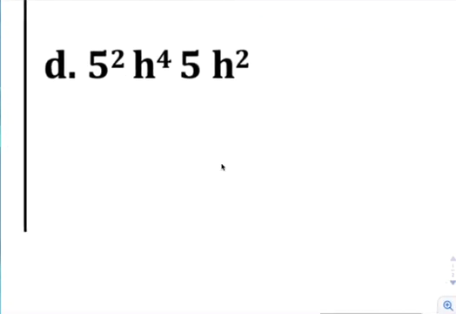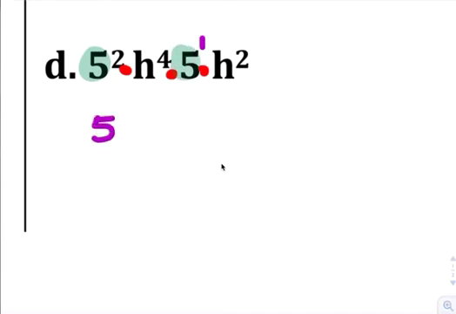This is multiplication. You do not multiply the 5s because the 5s have the same base. So you take the exponent, because these 5s have the same base, you apply it. You don't multiply them.